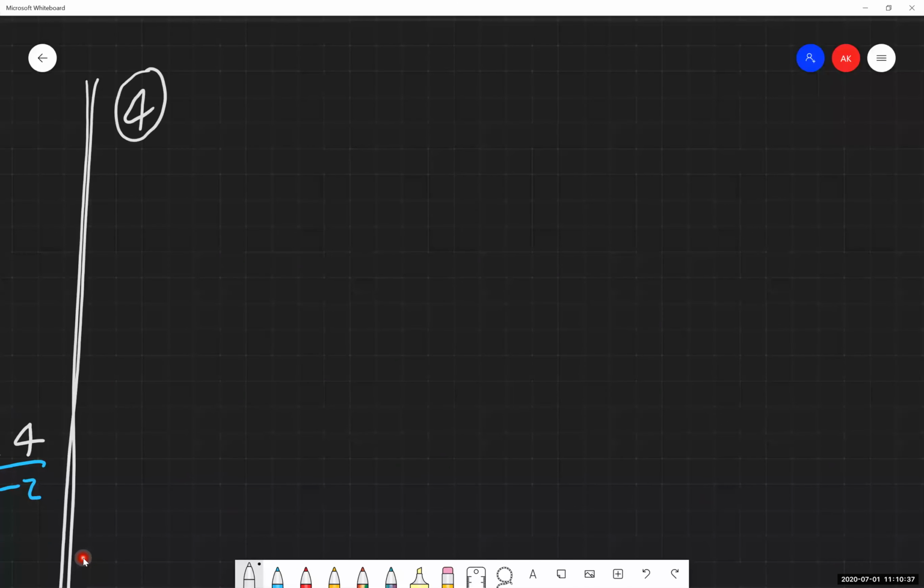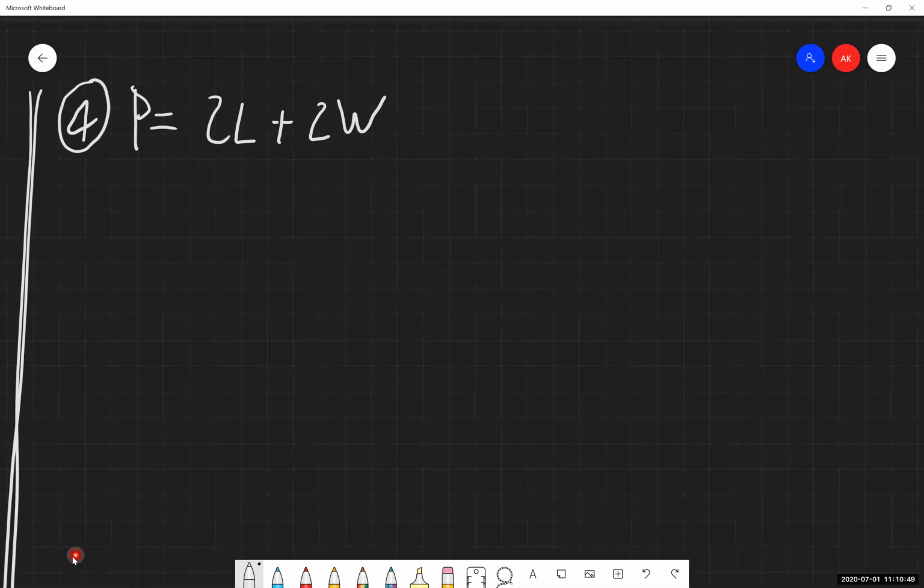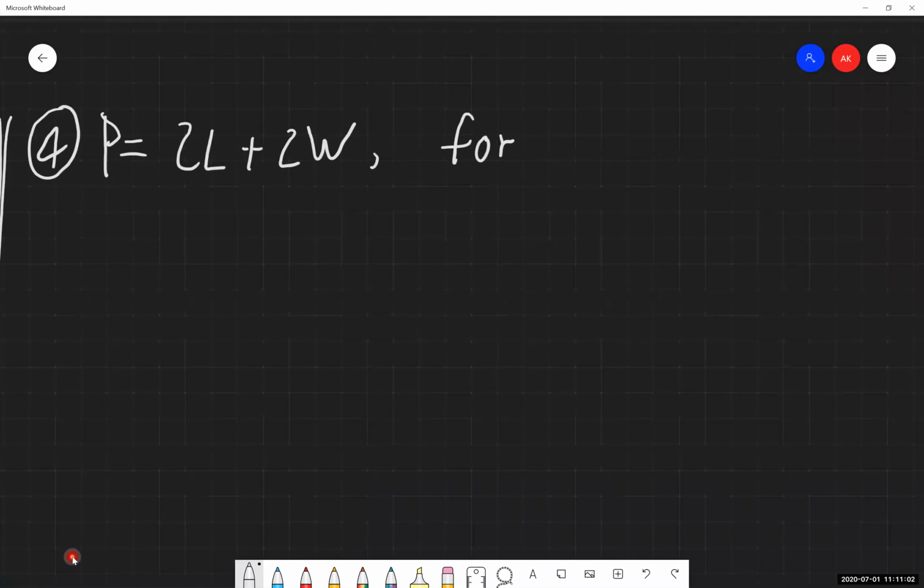Okay, so our fourth example, the equation that we have been given is P is equal to 2L plus 2W, the perimeter of a rectangle. And we are told to solve this thing for L. I'm making a note of that. So I'm solving for L. It's explicitly clear we know what we're solving for.